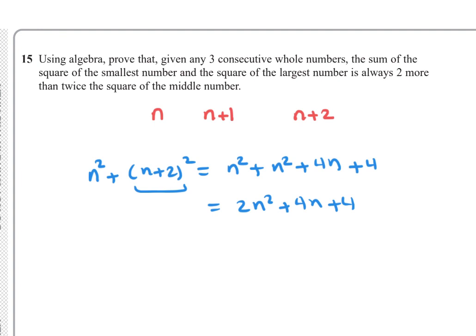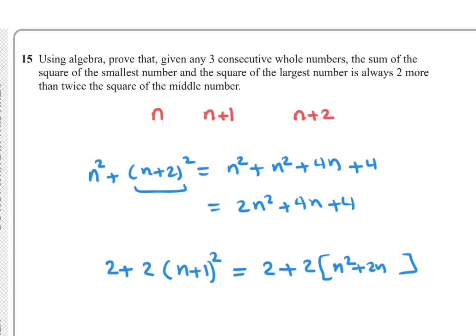Now find 2 more than twice the square of the middle number. So 2 plus twice, this means 2 times the square of the middle, so n plus 1 all squared. This means 2 more than twice the square of the middle. So 2 plus 2, then expand n plus 1 all squared: n times n equals n squared. 2 times 1 times n, 2n.